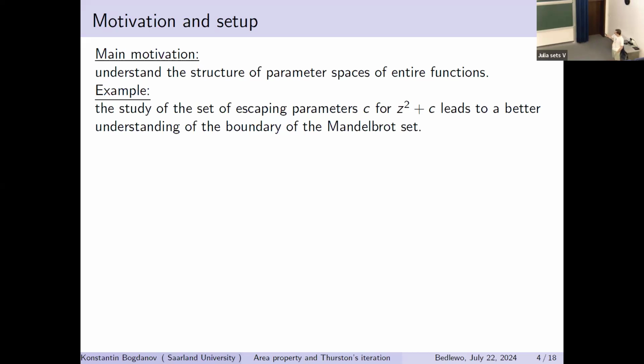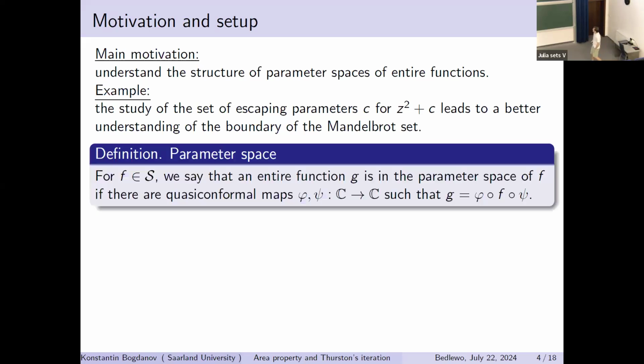A very naive and basic example, which can still serve as motivation, is that if we study the set of escaping parameters for quadratic polynomials, then we can understand better the boundary of the Mandelbrot set by moving towards it from outside of the Mandelbrot set.